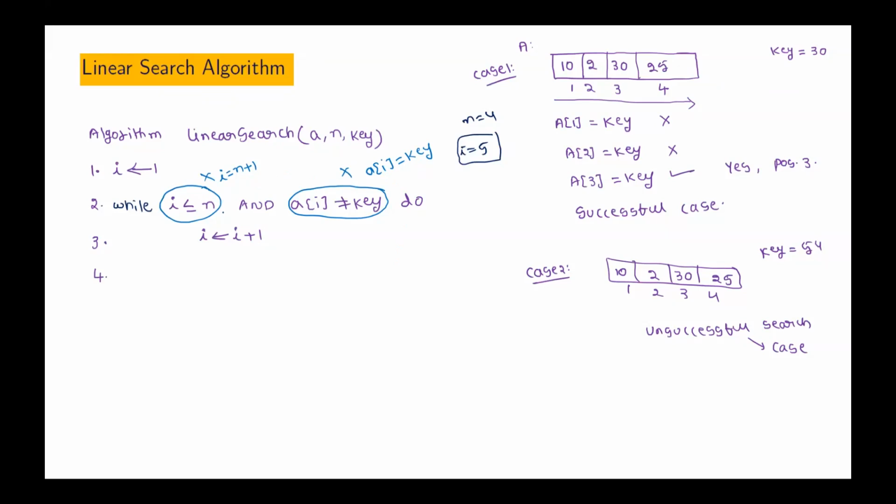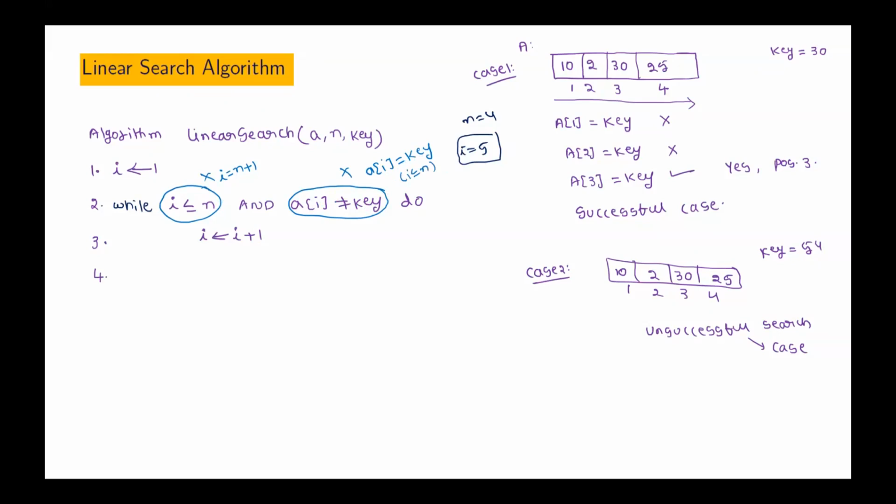It is less than or equal to n. If it is less than or equal to n only, we have checked the condition A of I not equal to key. So if the not equal to key condition failed, A of I equals key, which implies that I is less than or equal to n.